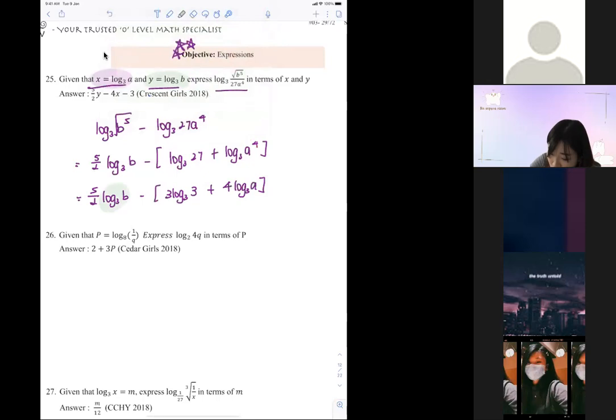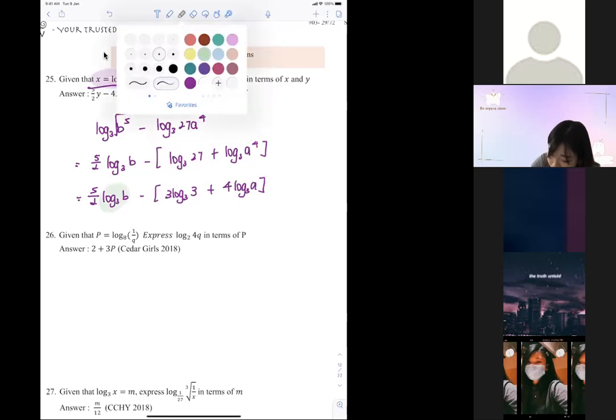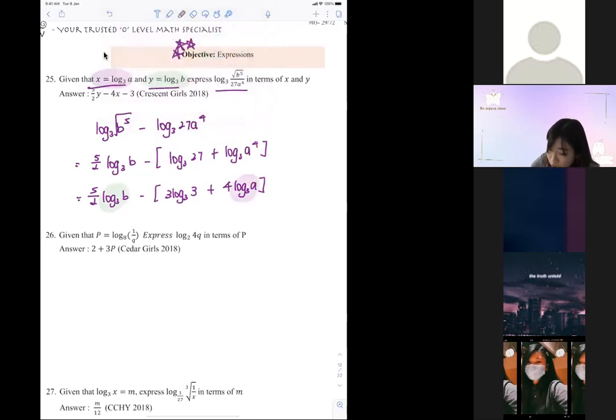So log 3 b, you know what to change into. Log 3 a, you know what to change into. So 5 over 2 y minus, this one gone, 3 plus 4x. Okay, expand the bracket, don't want the bracket already. That's it.